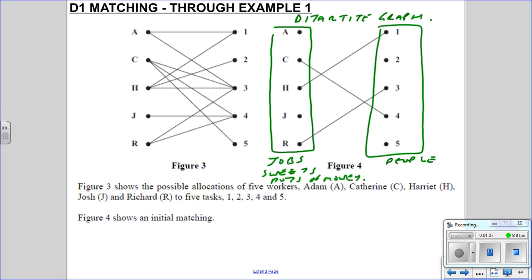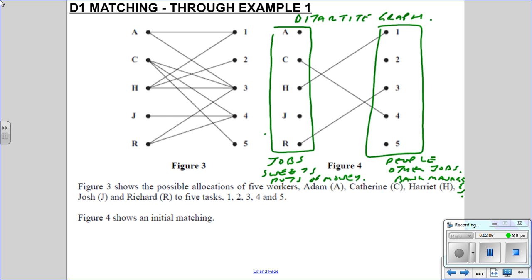People, other jobs. I don't know, bank managers, if it's pots of money. Okay, do you see? So you've got two sets of nodes separated from each other, and they will never be able to be linked. The idea in the matching essentially is if you had 5 jobs, you'd have 5 people who can perform certain jobs.